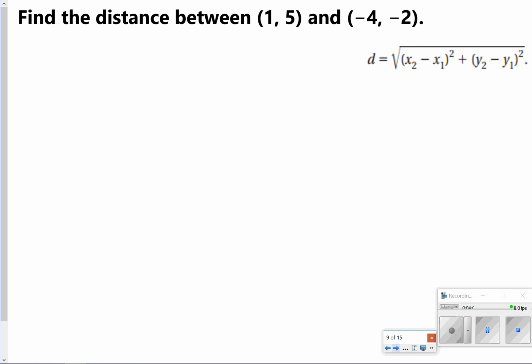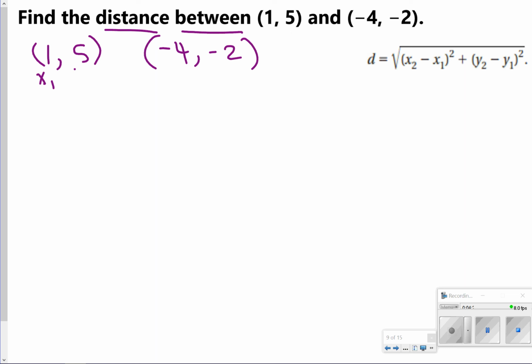Alright, so what I'm going to do first is show you how the distance formula works. The first thing you're going to find is you're going to be given 2 points, and it's going to say find the distance between these 2 points. Okay? What I always like to do is whenever I write down the points in my notes or on the paper that I'm working this out on, I always start with the first one and say the first one is the first set, so that's x1 and y1.